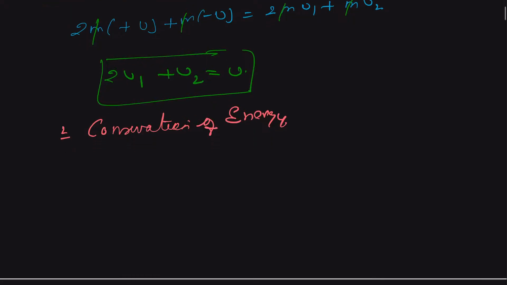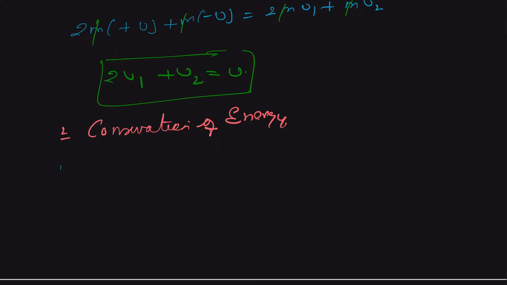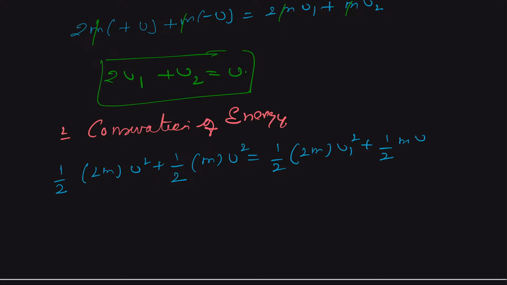So our initial energy will be equal to half 2m v square plus half m v square, which is equal to half 2m v1 square plus half m v2 square.